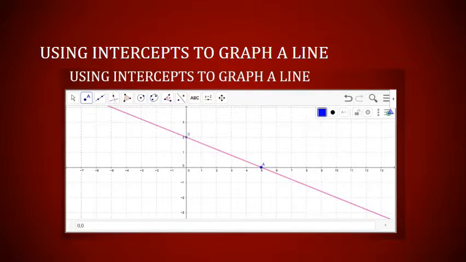I put a point right here at 2, where the y-intercept is 2. We draw a line through it, and there we go. We've taken two points, x-intercept of 5 and y-intercept of 2, and we have used the intercepts to graph a line.